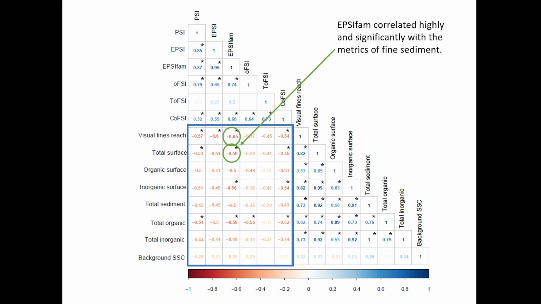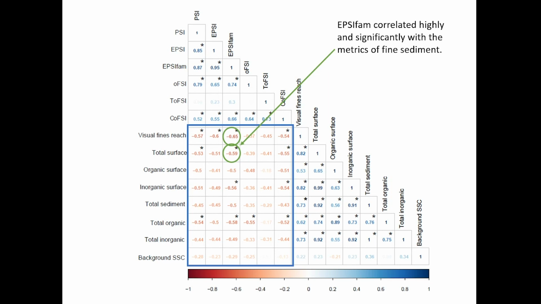We can see from the top left, we have the PSI, EPSI, and the EPSI FAM, which is just a mixed taxon level iteration. So it's a bit more useful in real life situations where you may not always be able to identify everything in your sample to species level. And then we have the OFSI, TOFSI and COFSI. And the section we're interested in, I've just highlighted in the blue rectangle.